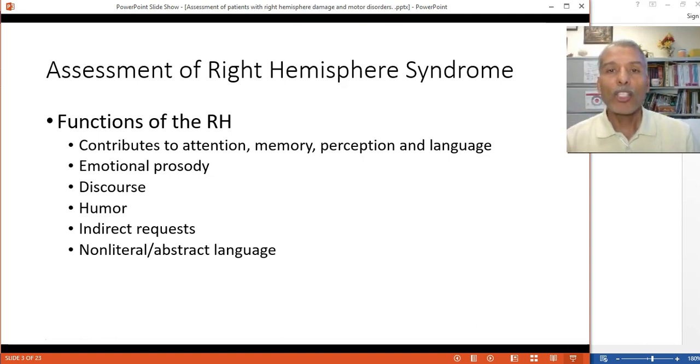You can now imagine if someone has a stroke or brain damage that impacts this area, the person will have significant difficulties in processing the speech of others, particularly in reading their emotions. For example, the person might listen to someone who is speaking angrily, and yet the one who has right hemisphere damage in this area is going to think there is nothing wrong.